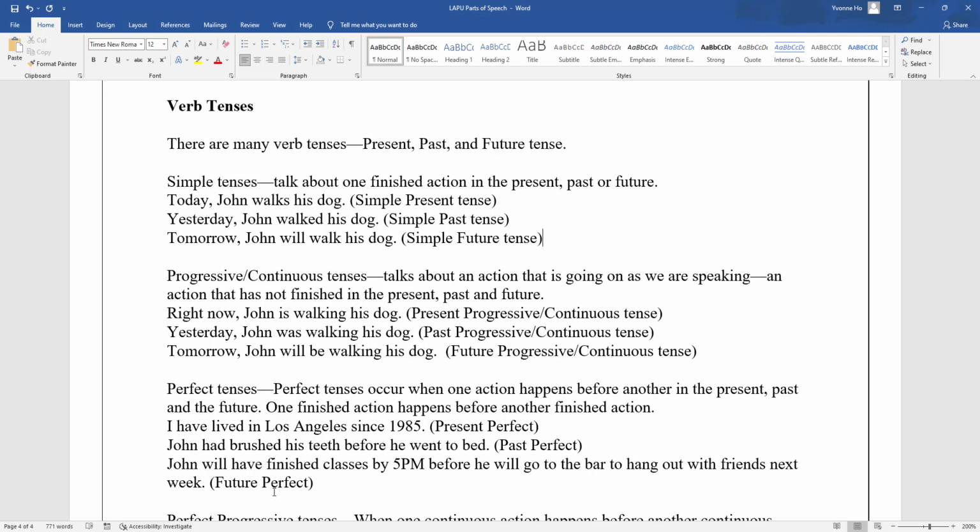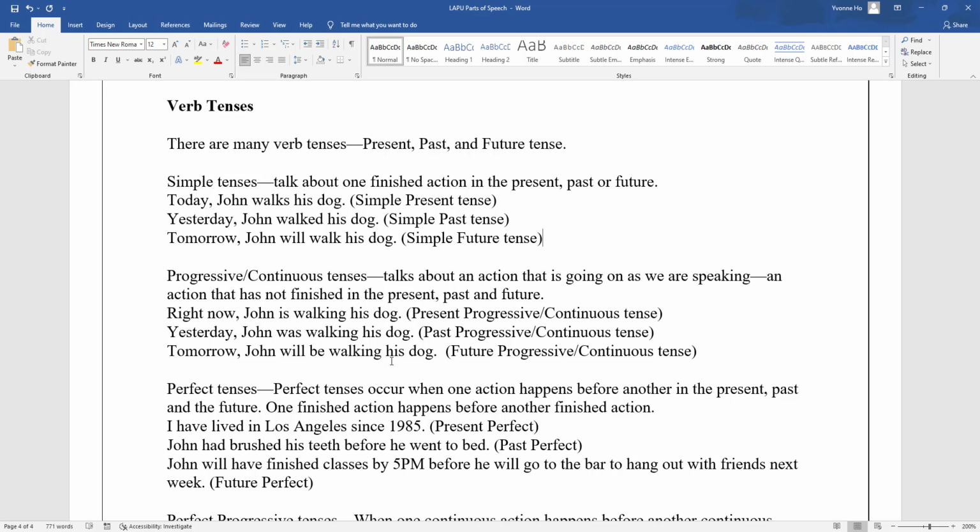So you have present progressive, right now, something that's happening, something that was happening yesterday, and then something that will be happening tomorrow. So tomorrow, John will be walking his dog. Tomorrow, I will be talking on another Google Meet with another teacher. So today, yesterday, tomorrow. So there you have the present progressive, past progressive, future progressive.